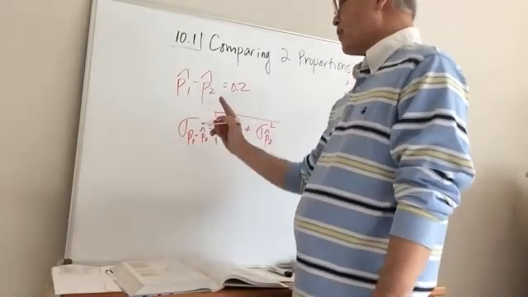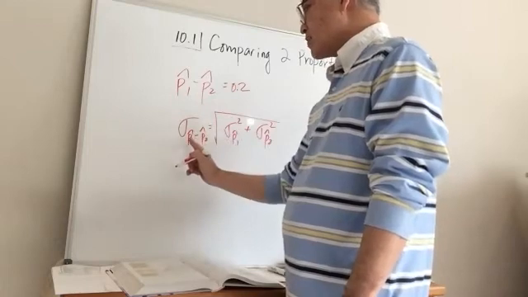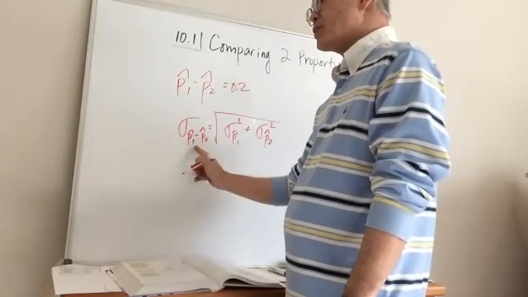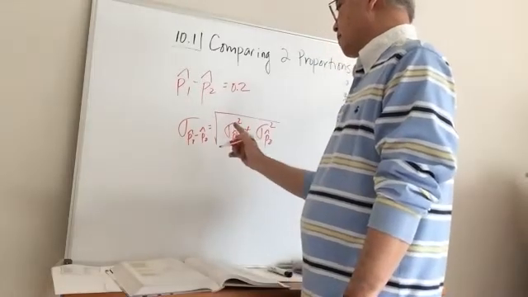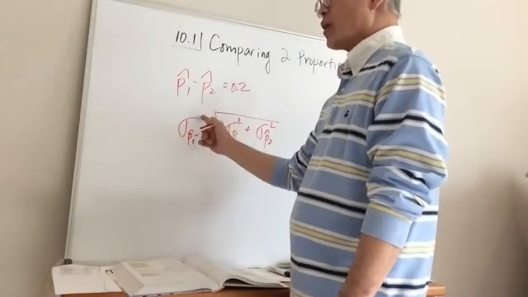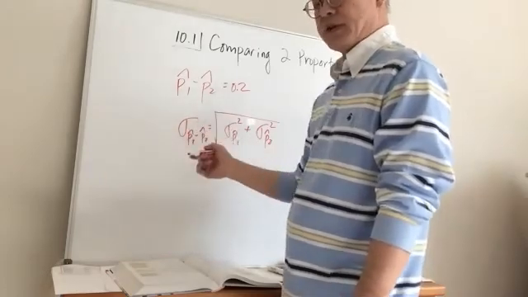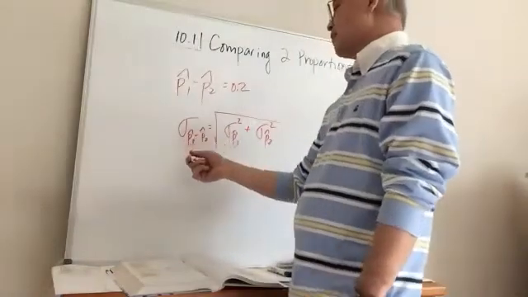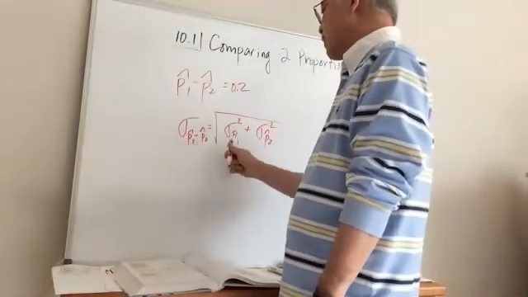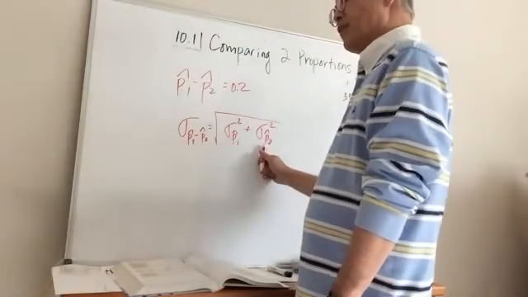This squared is what? It's a variance, correct? Standard deviation squared is the variance. So the variance of p̂1 minus p̂2 is the variance of p̂1 plus the variance of p̂2.